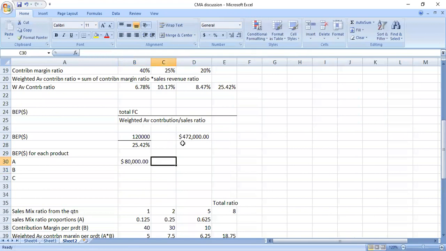Then for product B, it will be $472,000 times 240 divided by 590.